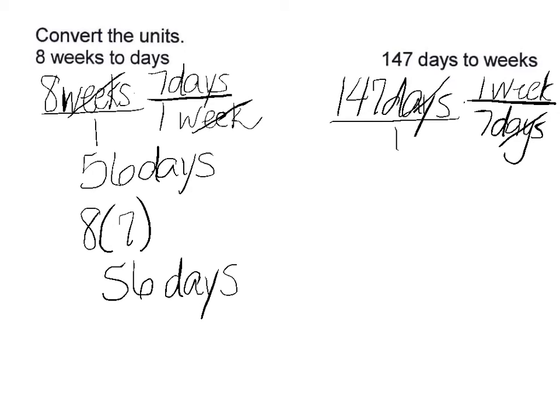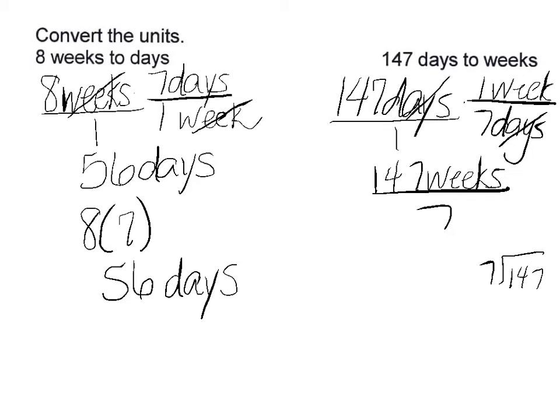My days cancel, and I get 147 weeks over 7. Divide that out. How many times does 7 go into 147? Use your calculator if you want. And you'll get 21 weeks.